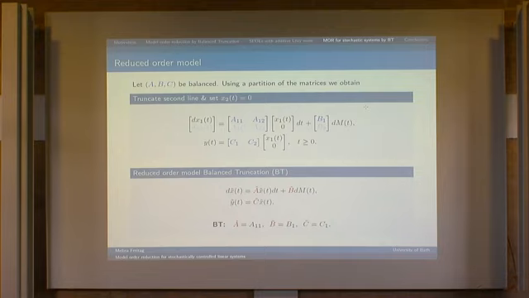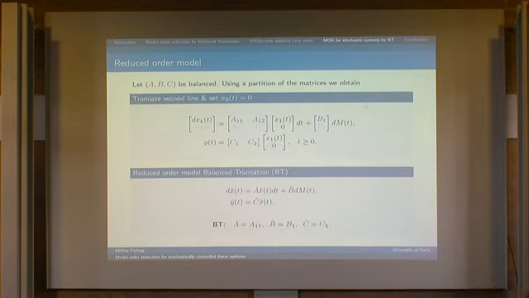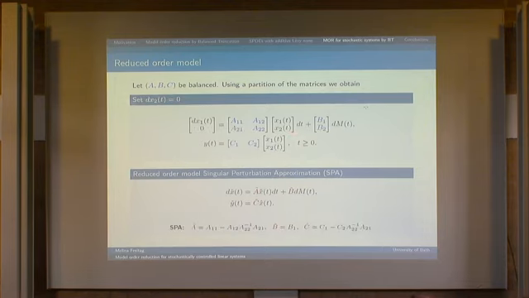There's another idea for a projection, which is singular perturbation, which I'm not going to go into in too much detail. Here you just truncate the second equation. But if you take the view that the x2 are the fast variables, so they go to steady state very quickly, you can set the derivative of x2 to zero. This is a symbolic notation, because the derivative of a stochastic differential equation in that sense doesn't exist, but you set dx2 equals 0.